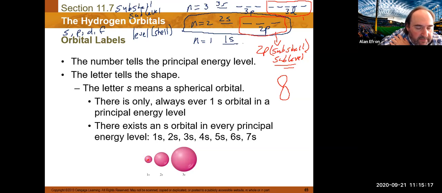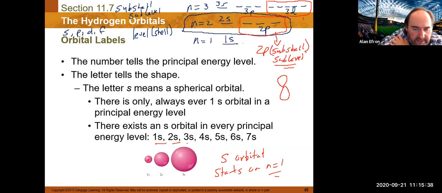So the first type of orbital that we have is an s orbital, and an s orbital starts first off on the first energy level. So on n equals 1 is where you start to see your s orbitals appear, and they are found on every energy level.